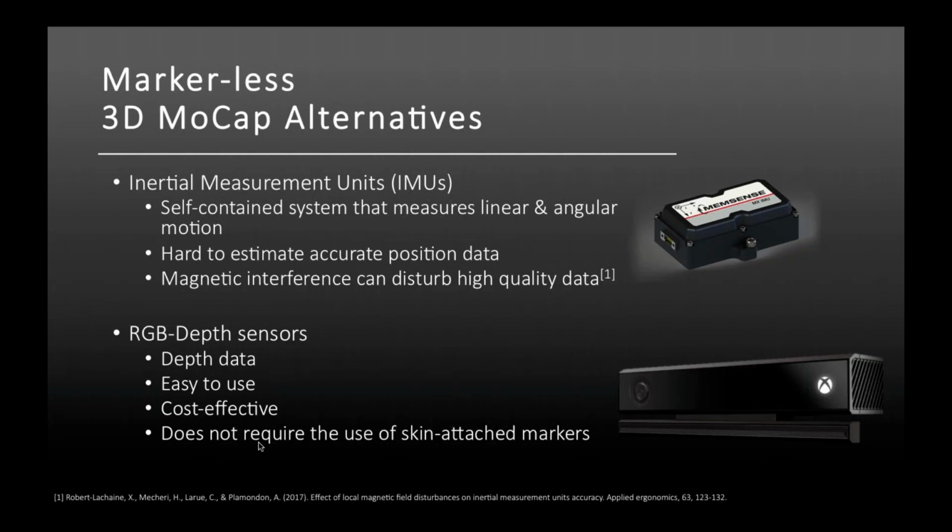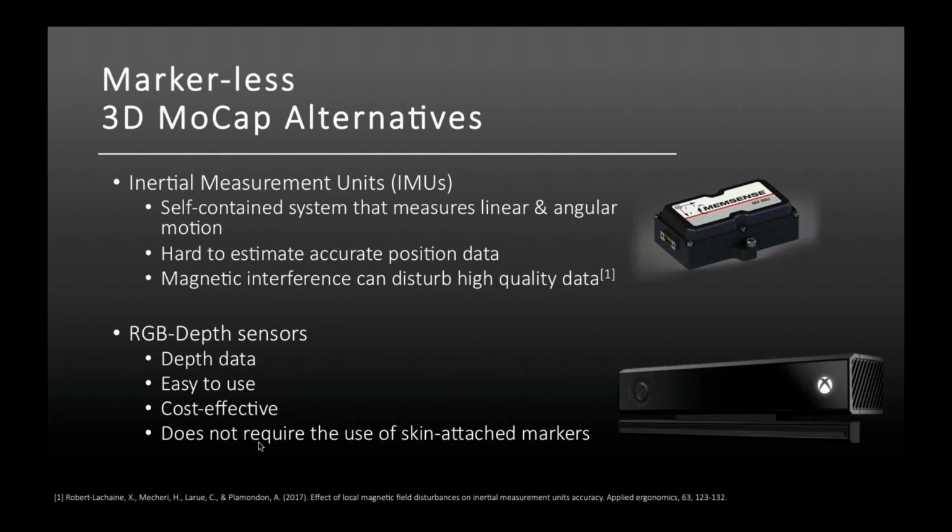On the other hand, there's another alternative, which is depth sensors. Depth sensors are similar to the ones commonly used as a video game accessory, like Xbox Kinect, for example.